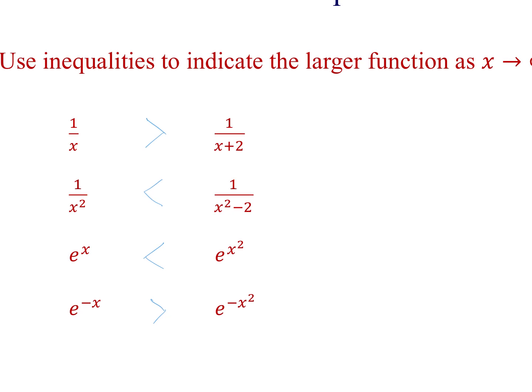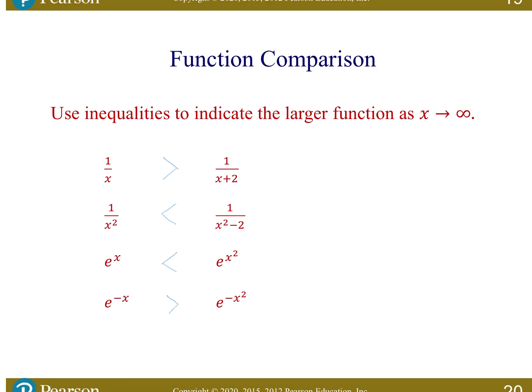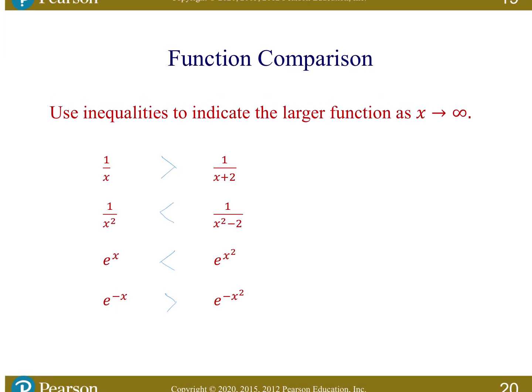So thinking about those relationships, you're going to use preferential integrals. You say, I really don't want to integrate that one. I'd rather integrate something that is either larger or smaller than it, because it's easier. This is called comparison. When you exchange one function for another, assuming that their behaviors are very similar, their graphs behave in much the same direction, you can do what's called an integral comparison.